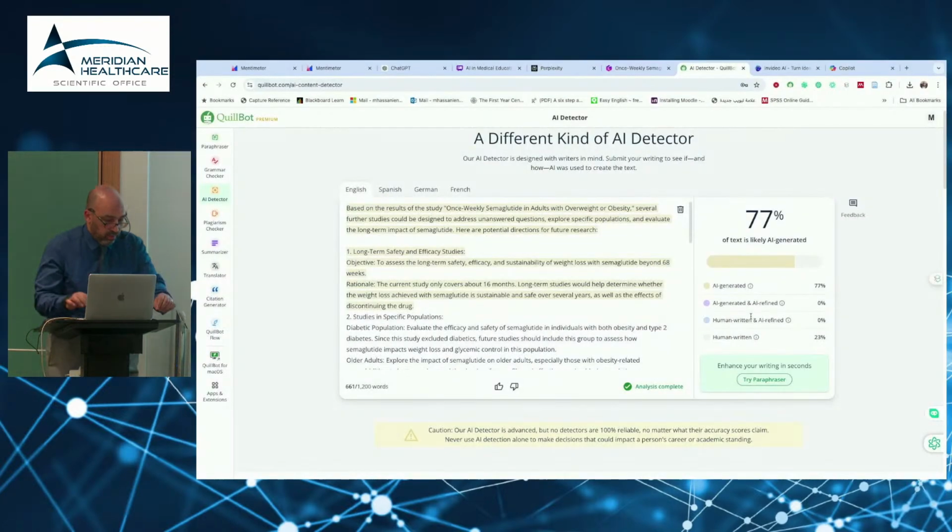The good thing is it splits the report into 4 parts. The first one is AI-generated, which should be 100. The second is AI-generated and rephrased using AI, so it will know this. The third one, human-written and AI-refined, it will know this.